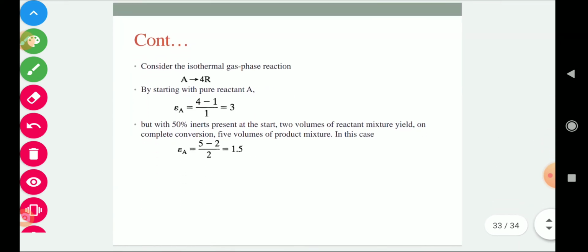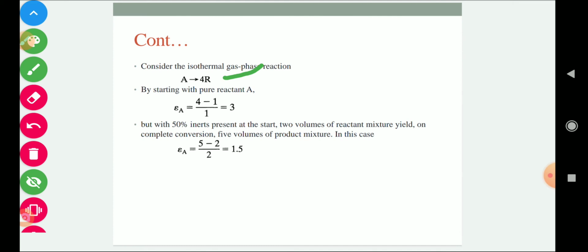Now, for example, we have an isothermal gas phase reaction in which 1 mole of A reacts to form 4 moles of R. So the value of epsilon A will be equal to the volume when there is only product in the system minus the volume when there is only reactant in the system, upon the volume when there is only reactant in the system.